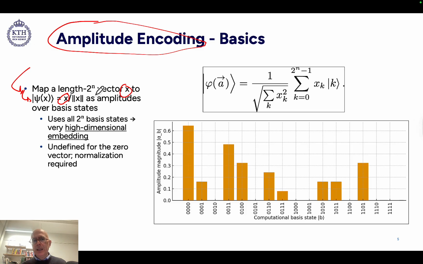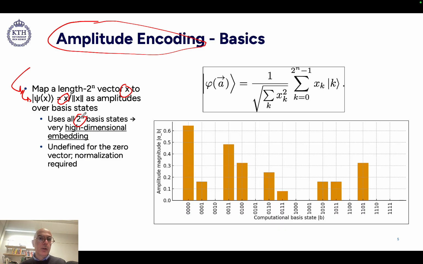What are the good things about this? Well, we are using all the 2 to the n basis states. So differently from angle encoding, where for n features we need n qubits, here we can use the full range of the quantum state. For instance, if we have 8 features in our dataset, this corresponds to 8 dimensions.